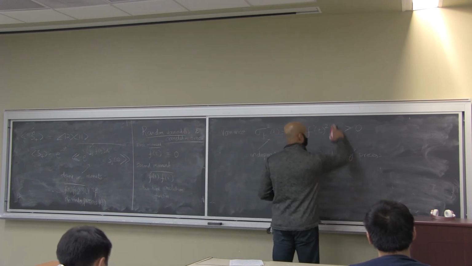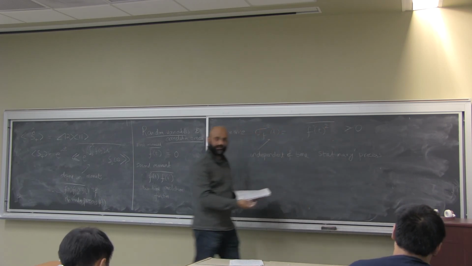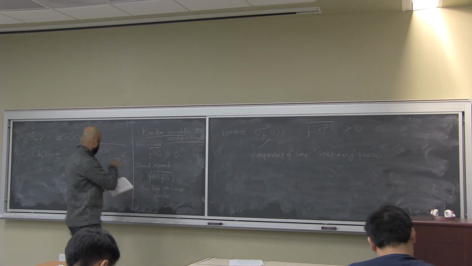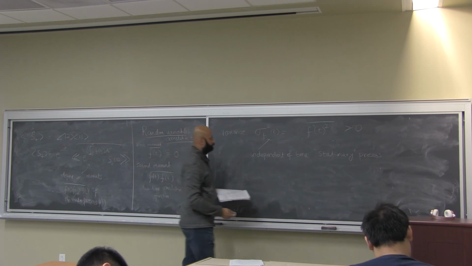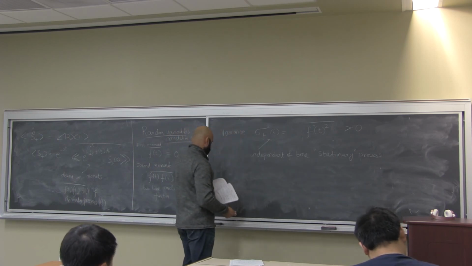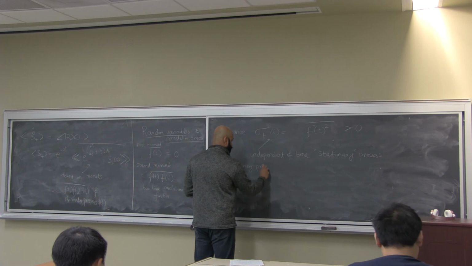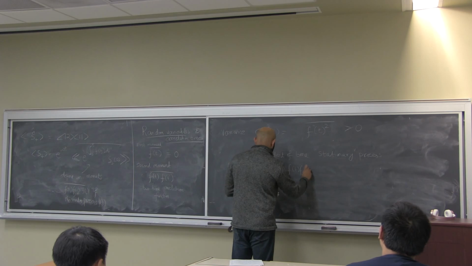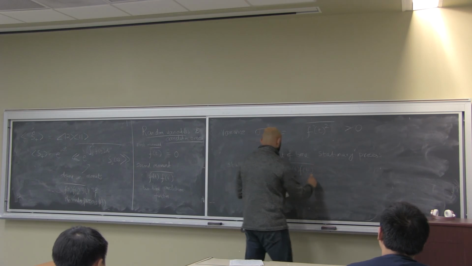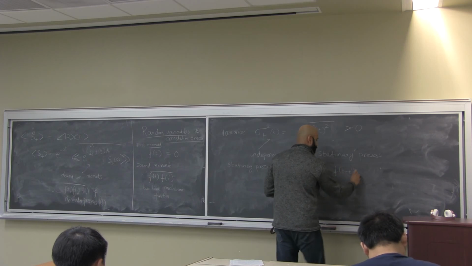Sorry, I want to use an overbar for classical averaging or randomization, and reserve the angle brackets for the quantum expectation value. Okay. And so for a stationary process, f of t times f of t prime, with the overbar, is simply equal to f of t minus t prime times f of 0.